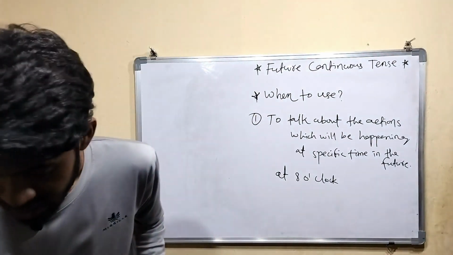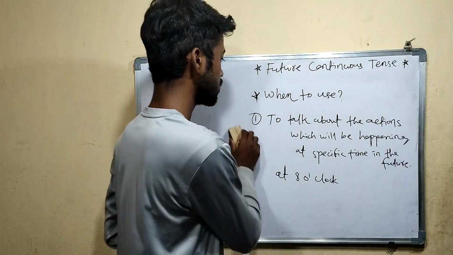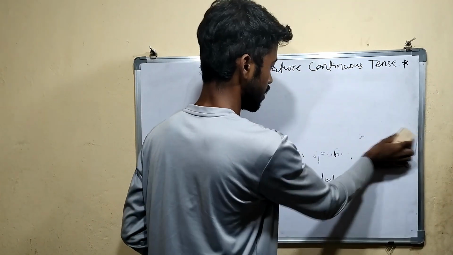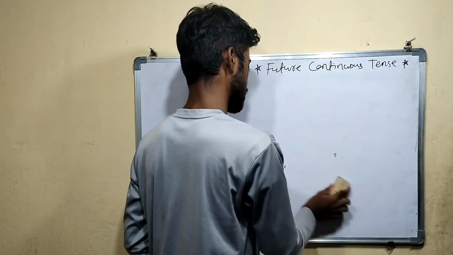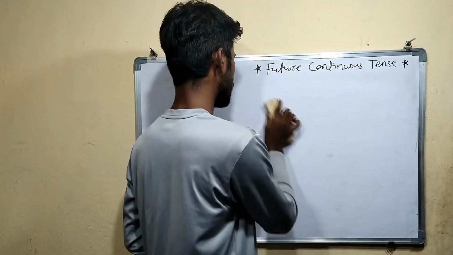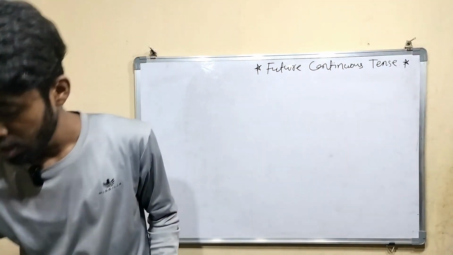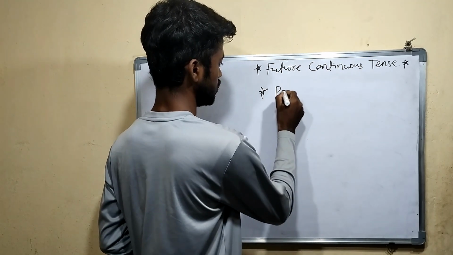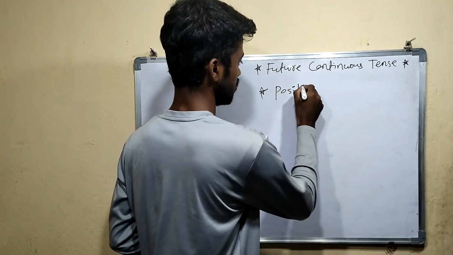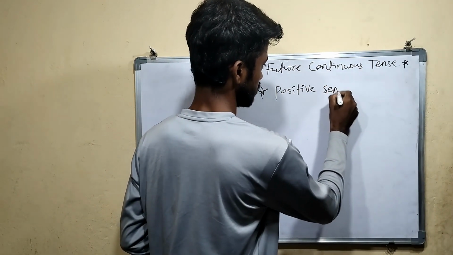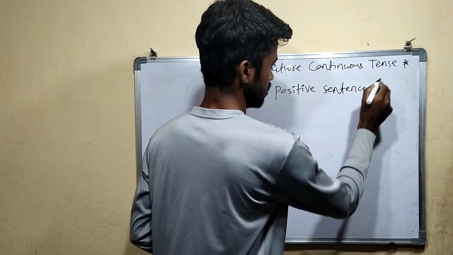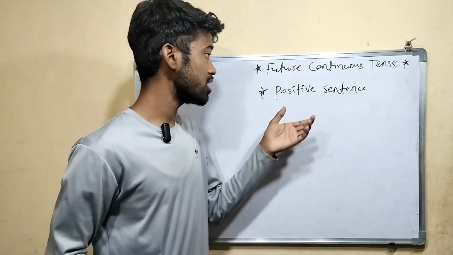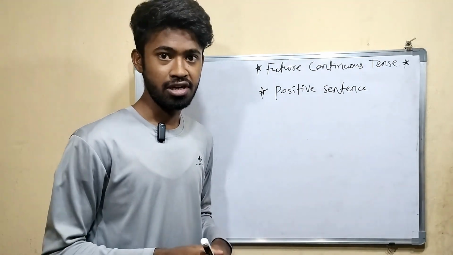Now let's see the different structures. First we are going to discuss the positive structure, and after that we will see the negative structure, and in the last we will see verbal and WH questions. So first, positive sentences. In every video I explain that you can even say affirmative sentences.